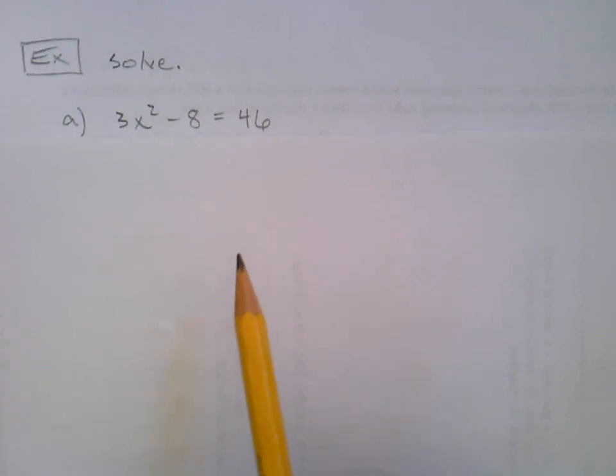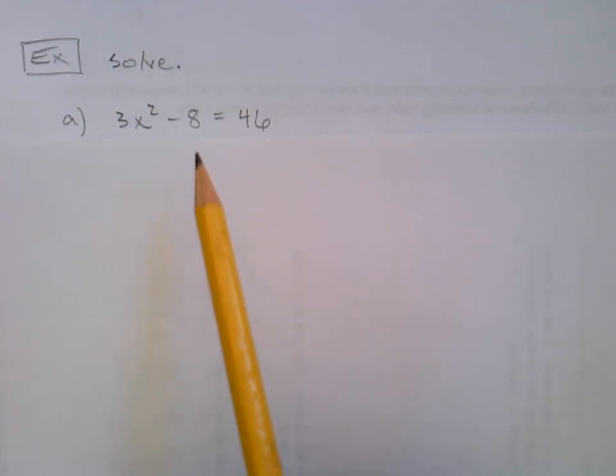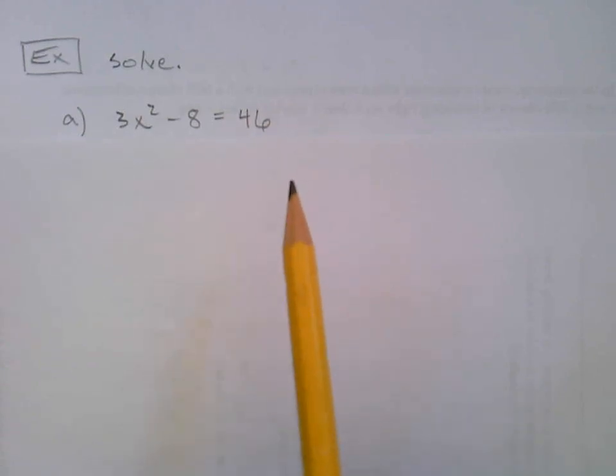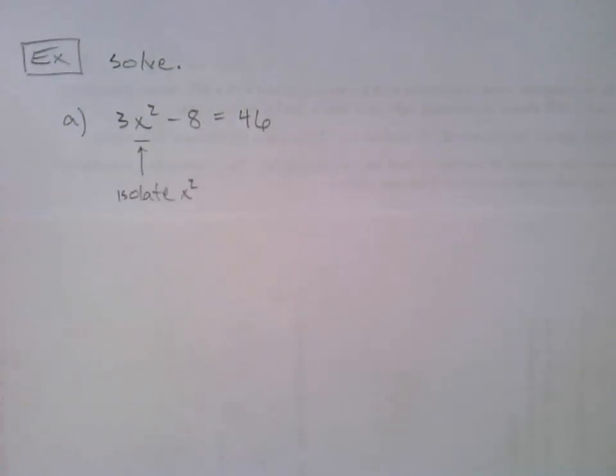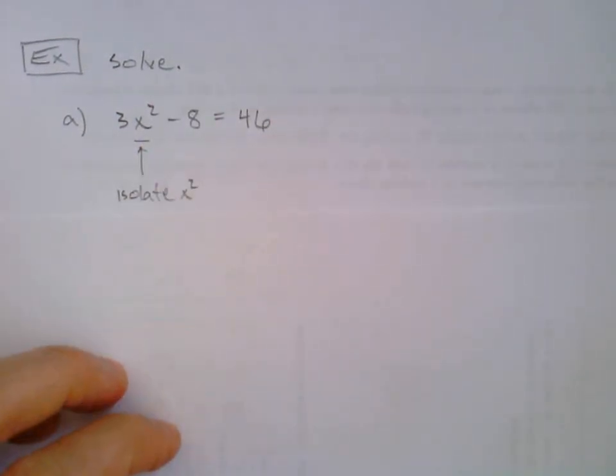And again, if we were in class, I might ask everybody, hey, what should we do first? And I'd be kind of looking for people to say we should add the 8 to the other side to begin. And that would be exactly right. I'm going to take a step back, though, and say really our goal, we want to isolate the x squared.